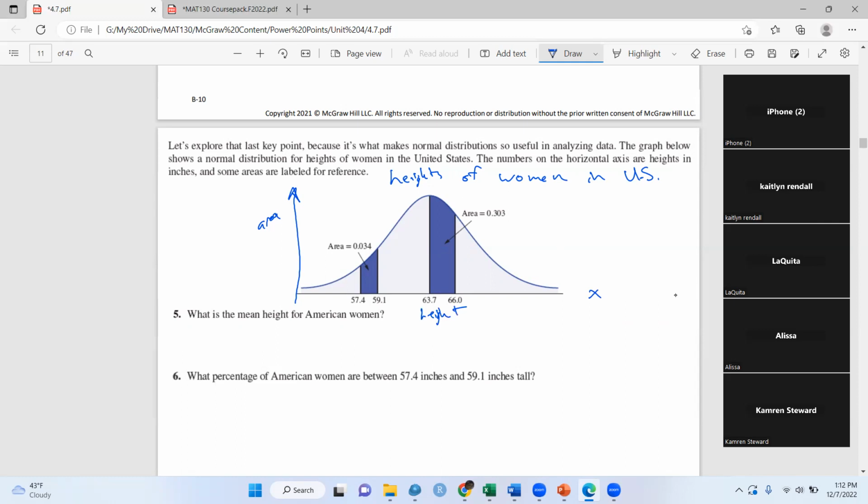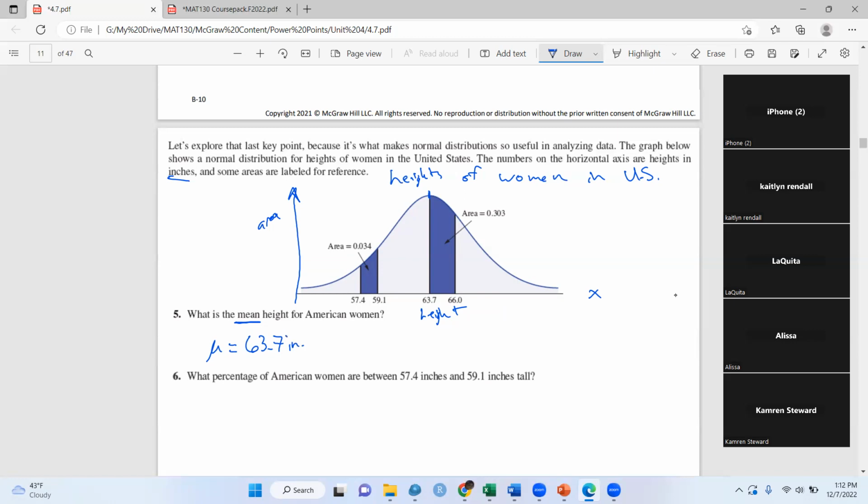So remember, we said that the middle of this graph, the exact center, would have the most area, and that is where the mean is. So the mean of this distribution is going to be 63.7. I believe these are in inches. There it is, inches.